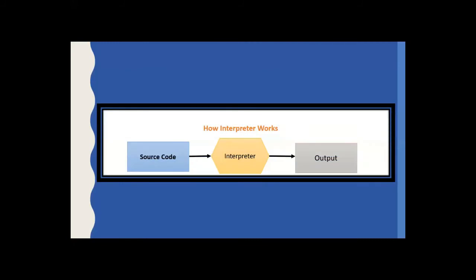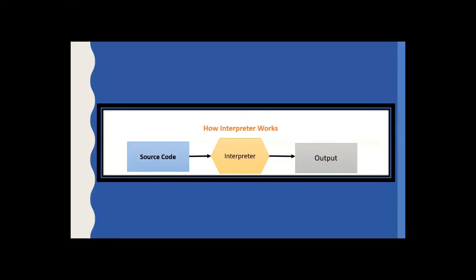Now, how does an interpreter work? Simple. First, we have to write the source code. After writing the source code, the process starts. The interpreter will read only one statement of source code. After reading, it converts it into machine code and then gives the output.